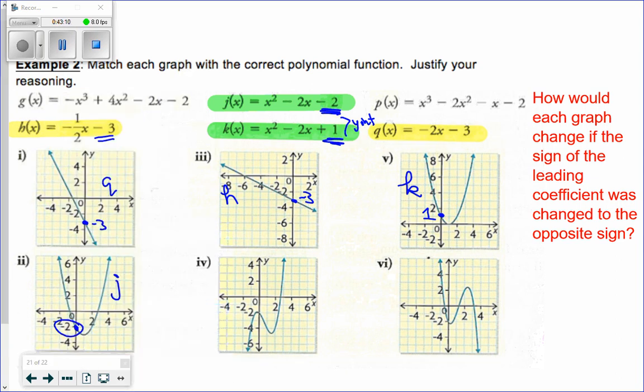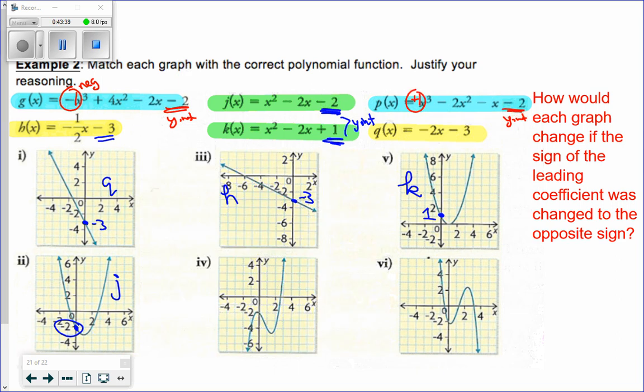Finally, this one and this one. Now this one, it doesn't help us to look at the y-intercept because they both have a y-intercept of -2. That doesn't help us. So now look at the leading coefficient. This one has a negative leading coefficient.